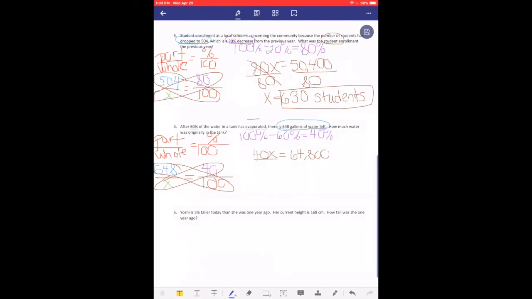Now I'm going to divide both sides by 40 to get x by itself. Cancels on the left. x equals 64,800 divided by 40, which is 1,620. And in this case, we're talking about gallons of water. So I can write 1,620 gallons.